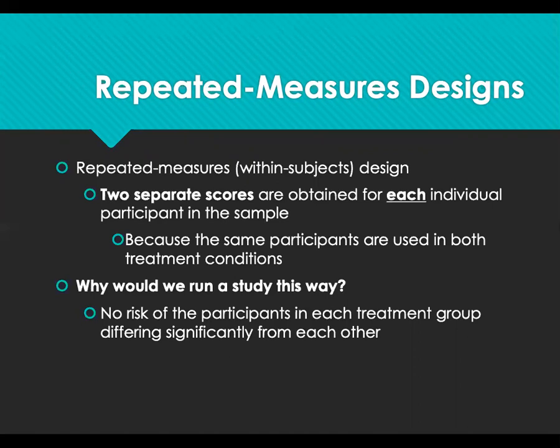If you use a within subjects design or repeated measures design, you're using the same exact people twice. So any difference you notice in scores from one treatment or level to the next can only be due to that treatment, right? It can't be due to the difference between Ross and Ross because we measured him twice and he's the same person, right? So hopefully that's making sense.